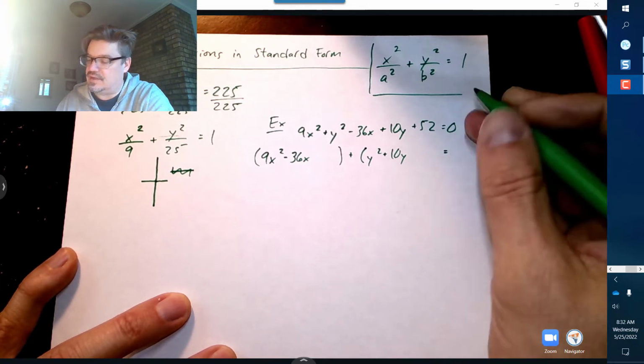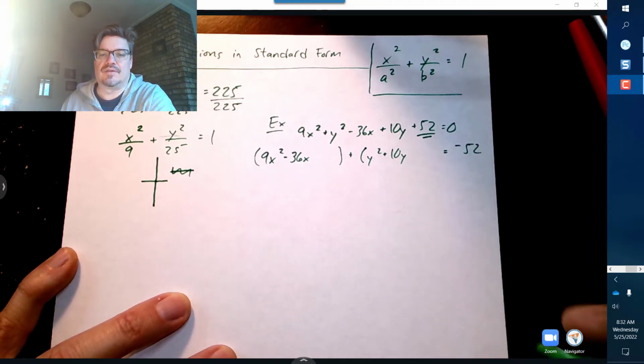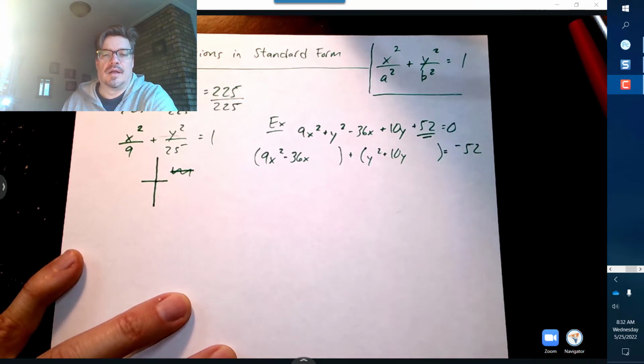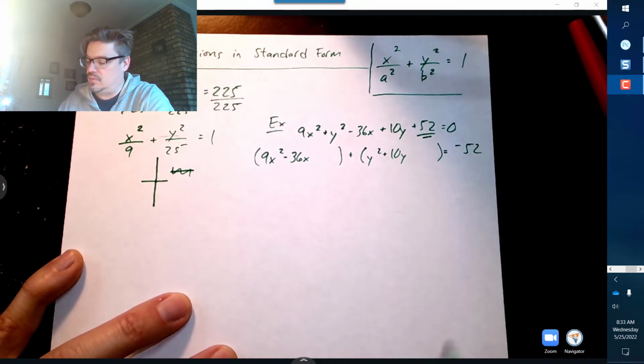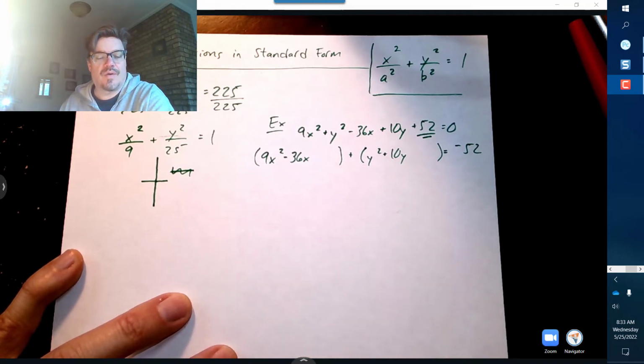And this 52 does not really belong, so we put it over here as a negative 52. Now what you probably guessed is yes, we're going to be completing the square. We're going to introduce some new numbers that will be added to both sides so that we can get a perfect square and find out where the coordinates of the center of this ellipse are.